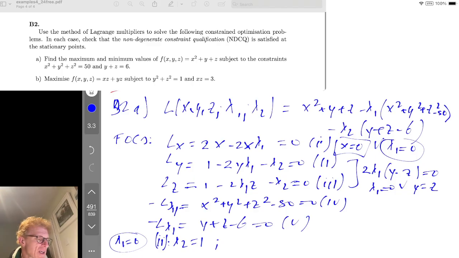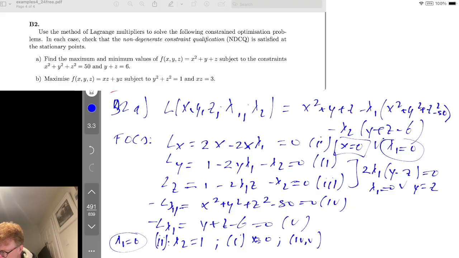What do we do next? From 1, of course, we get immediately that for lambda 1 is 0, x is 0. And then we can solve 4 and 5.